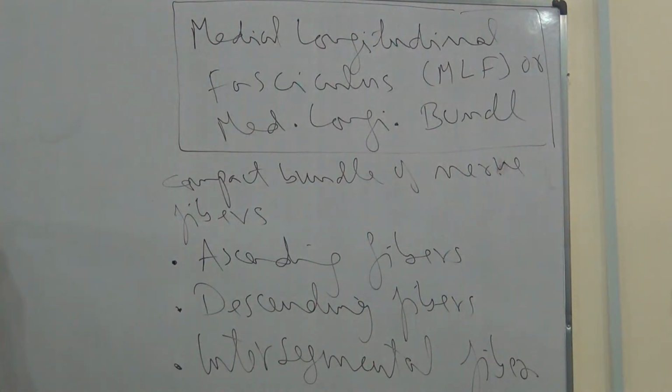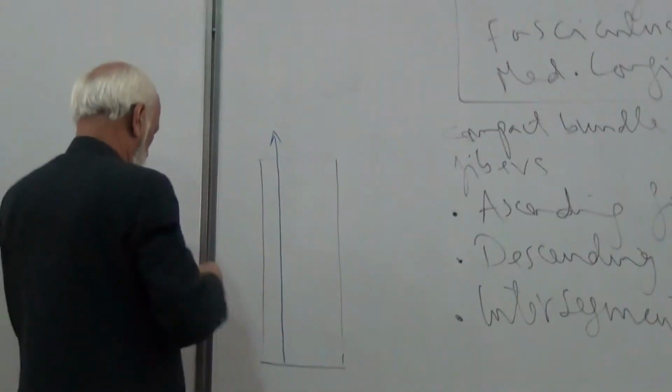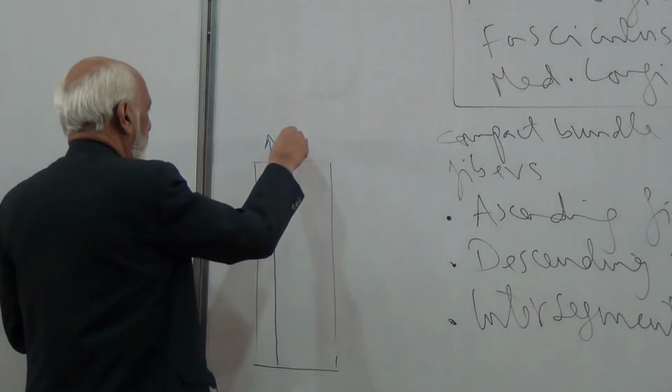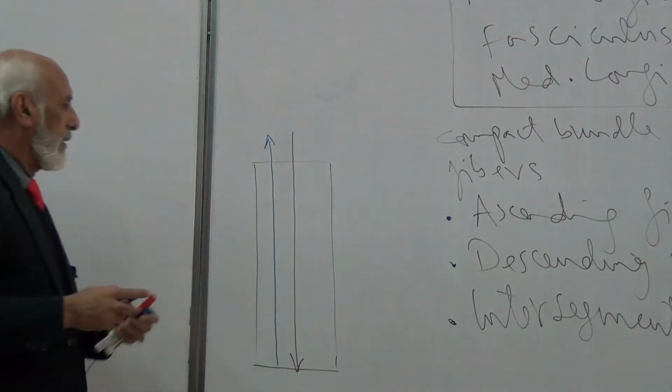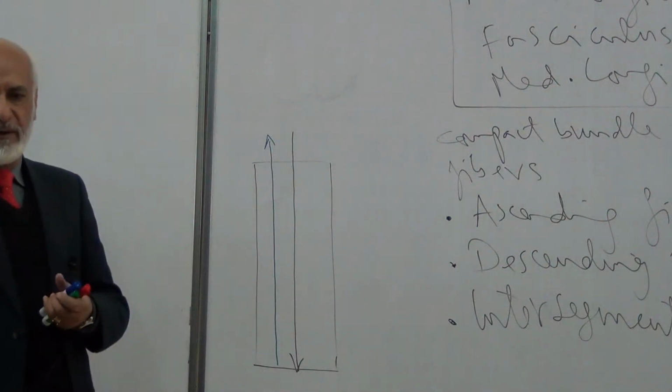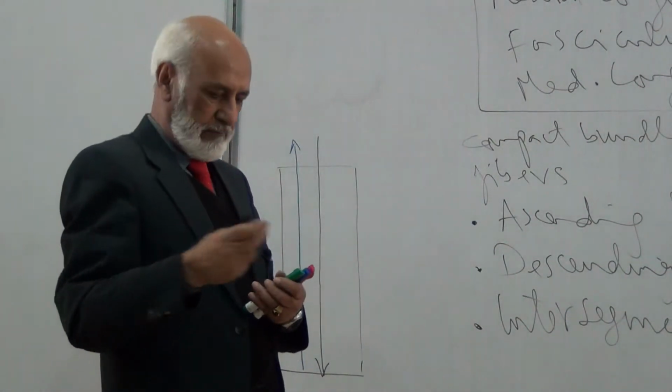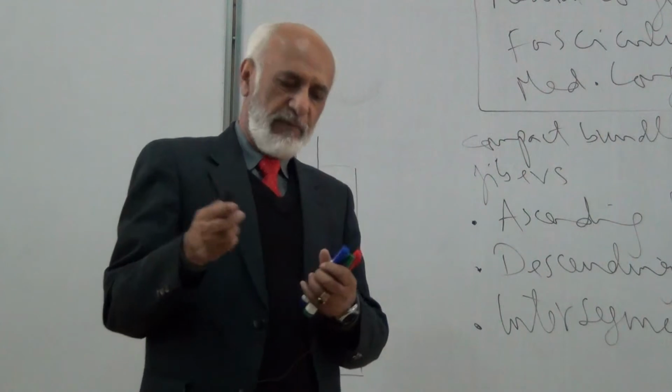Now you know, suppose this is a part of the brainstem or spinal cord. The ascending fibers ascend. The descending fibers descend. Now we divide the spinal cord into segments, and we can also divide the brainstem into segments.